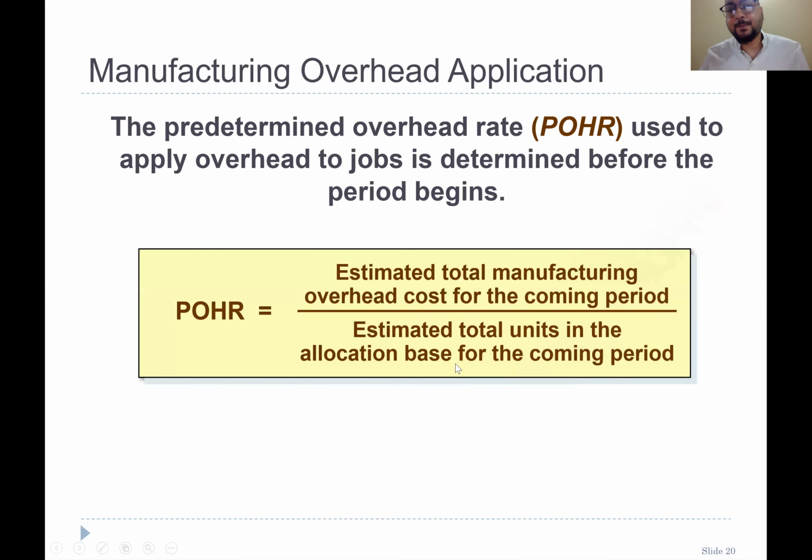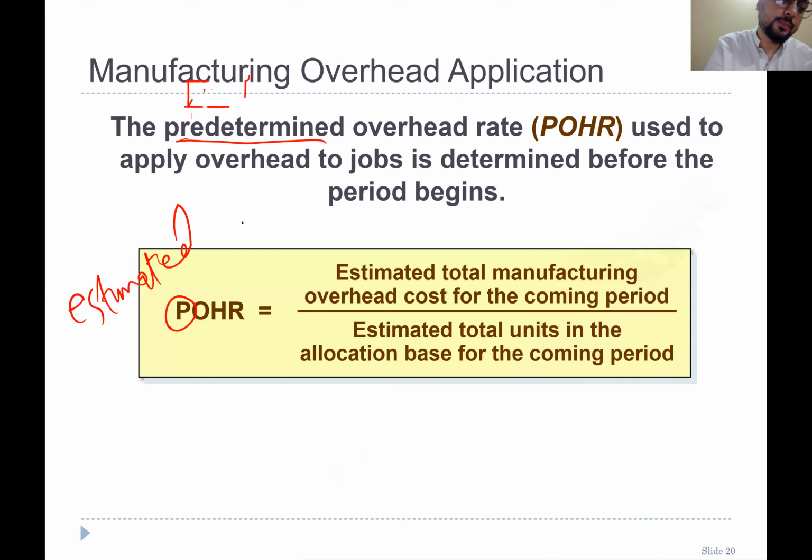So here we go. How do we find out the estimated manufacturing overhead? In job order costing, we call this predetermined overhead rate. The word predetermined. In some questions, it is also called estimated overhead rate as well.